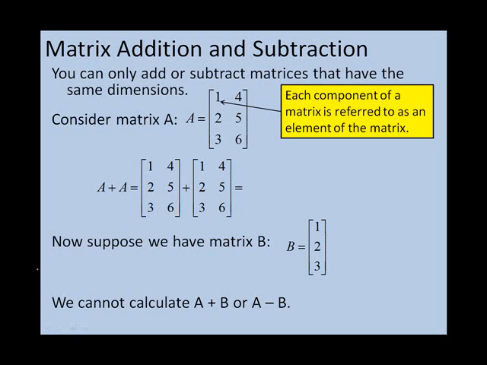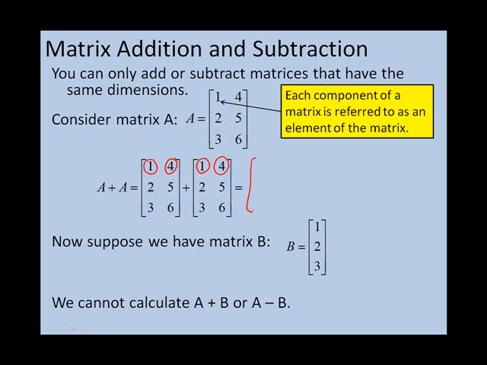They're both 3 by 2 matrices. What we do is we take row 1, column 1 of the first matrix and add it to row 1, column 1 of the second matrix. We then take row 1, column 2 and add it to row 1, column 2 of the second matrix. And we do the same for all the elements of the matrix.